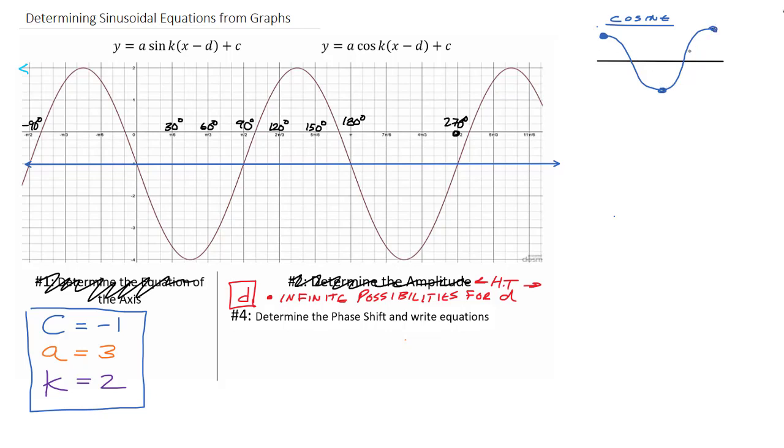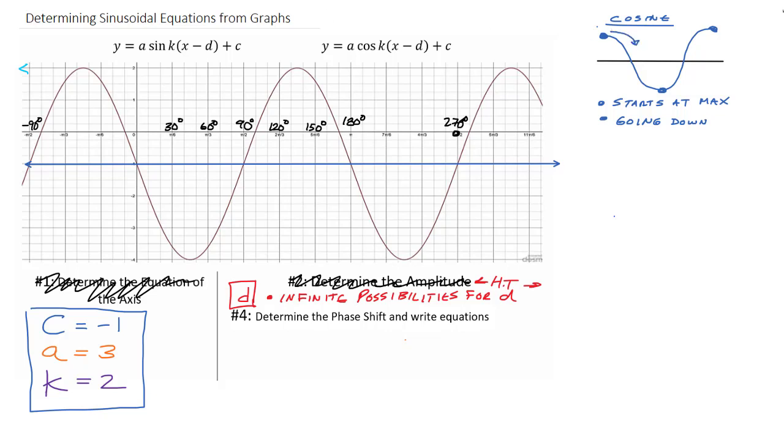That's basically where its start, middle, and end are. So cosine starts at the maximum, and it starts by going down. So starting at the top, going down.